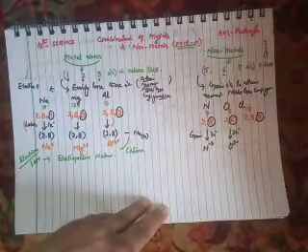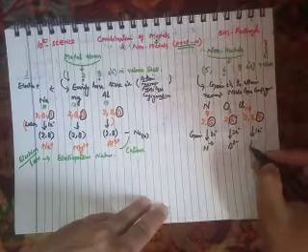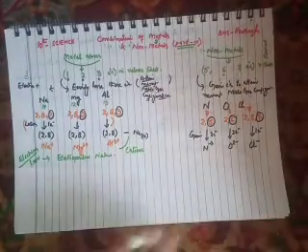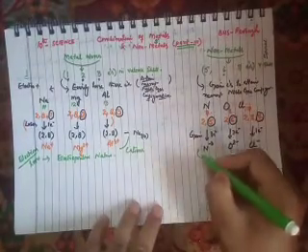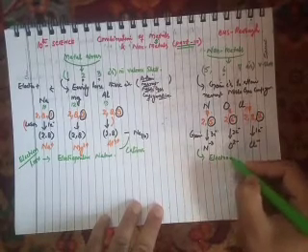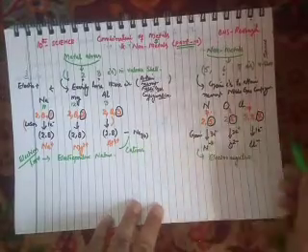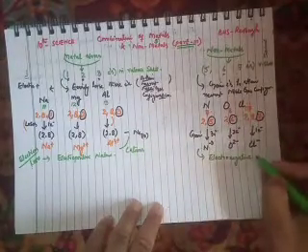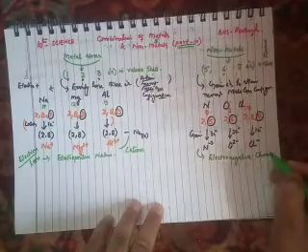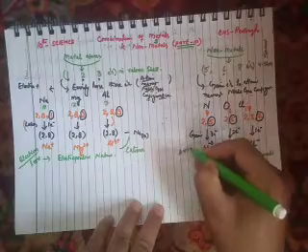Chlorine gains 1 electron and forms Cl-. So dear students, this nature of these non-metals is known as electronegative character, because the atoms of these non-metals have a tendency to gain electrons, and ions are formed which are known as anions.